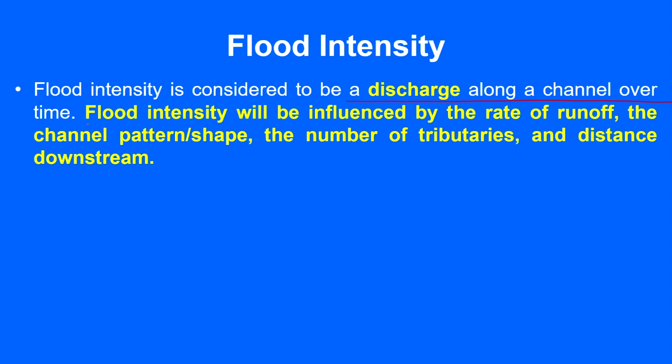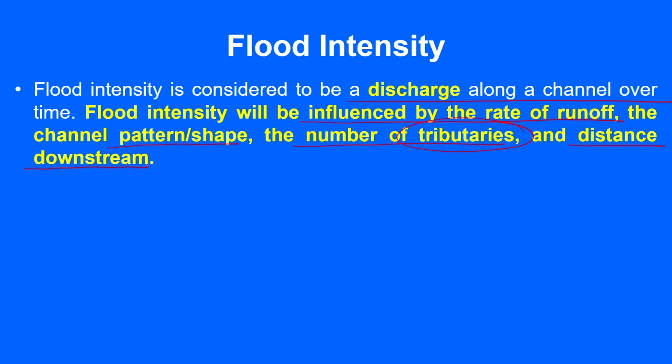Flood intensity will be influenced by the rate of runoff, that is how much water is moving without infiltration, the channel pattern, shape and number of tributaries. That will also be important, because these are the collecting streams which are going to pour water into the mainstream, and then distance downstream also.